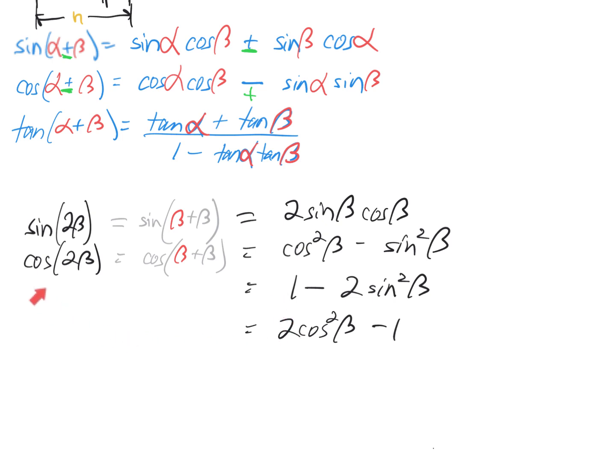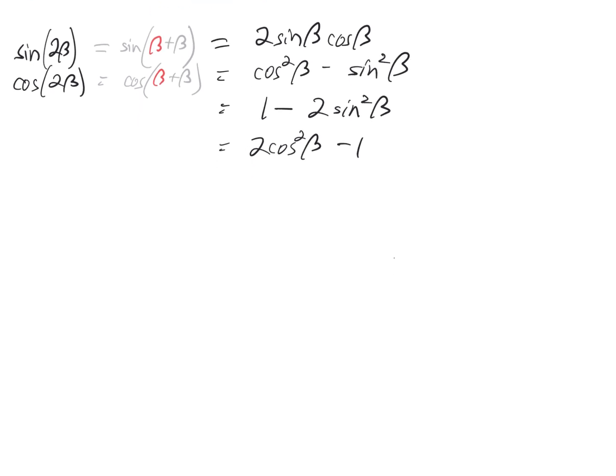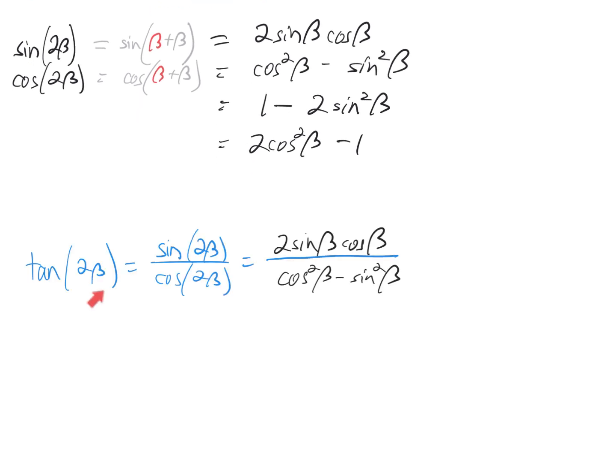What about for tangent? So tangent of 2 beta will be sine of 2 beta divided by cosine of 2 beta. And then we'll do this substitution for sine of the double angle. We'll do this substitution for cosine of the double angle. And then we'll multiply the top and the bottom by 1 over cosine squared. And what do we get?